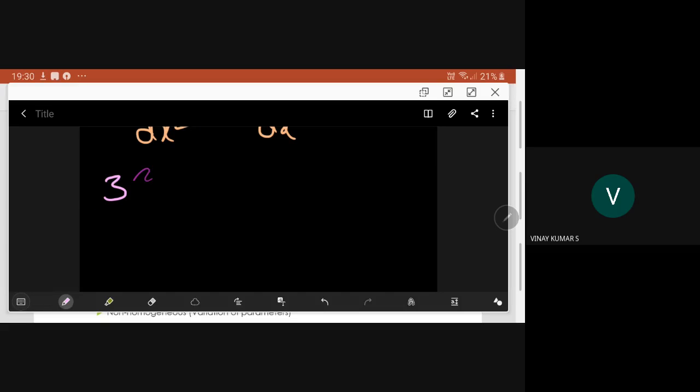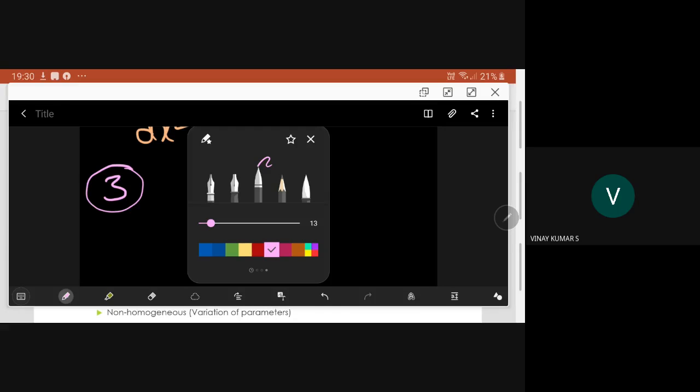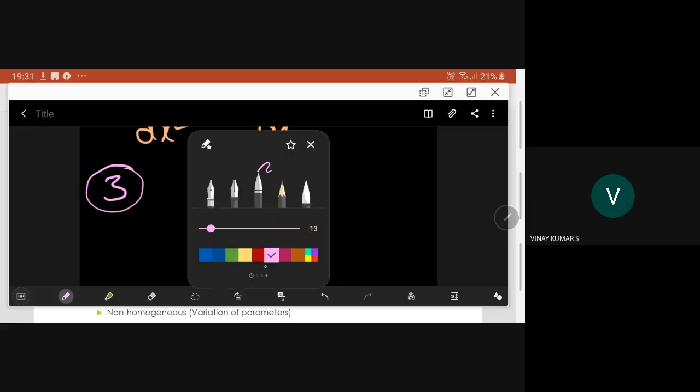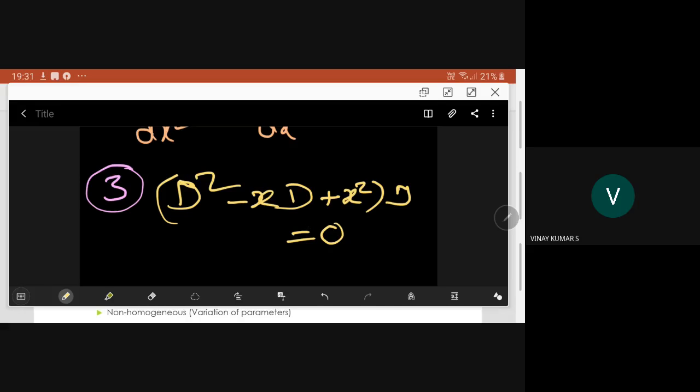For example, the third one we are taking as D square minus x into D plus x square acting upon y is equal to 0. See, this is different.